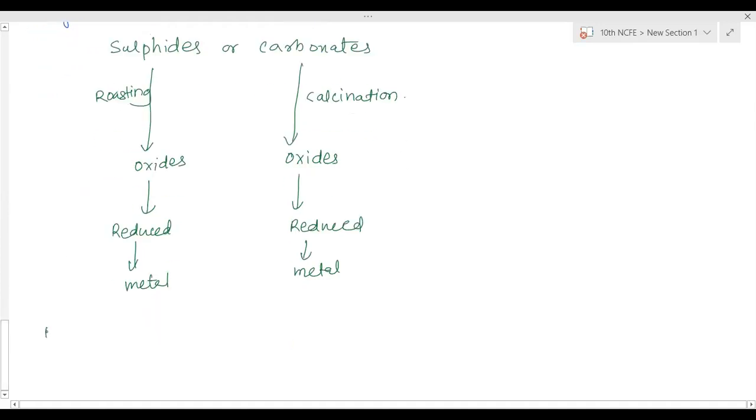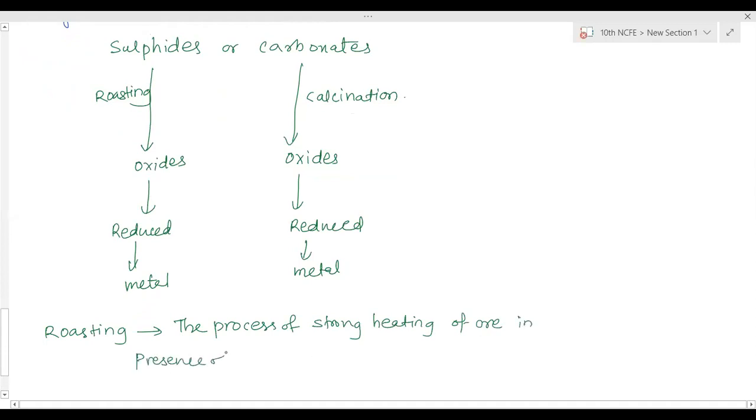So roasting means the process of strong heating of ore in presence of excess oxygen, in presence of excess air, that is oxygen.